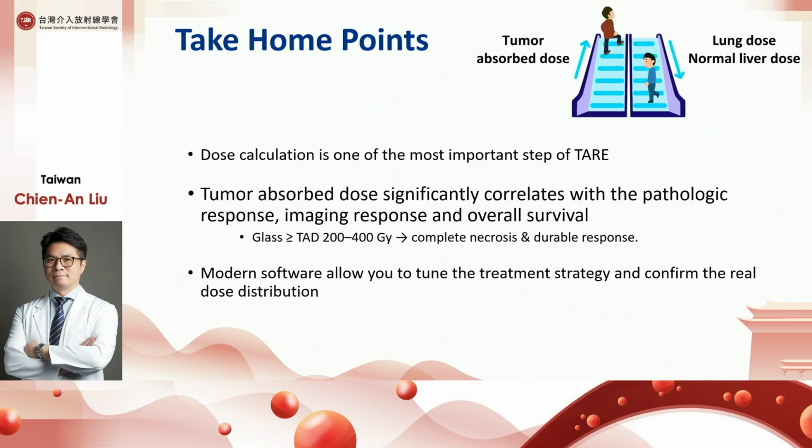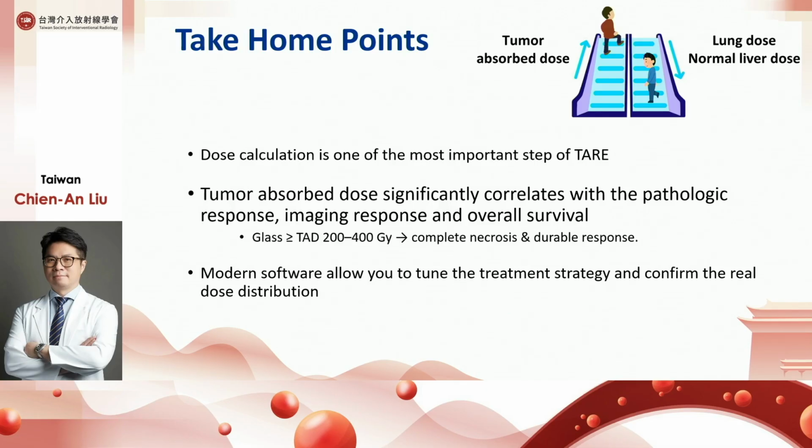So this is my last slide. Dose calculation is one of the most important steps of TARE. The tumor absorbed dose significantly correlates with the pathological response, as many experts in this session have mentioned.